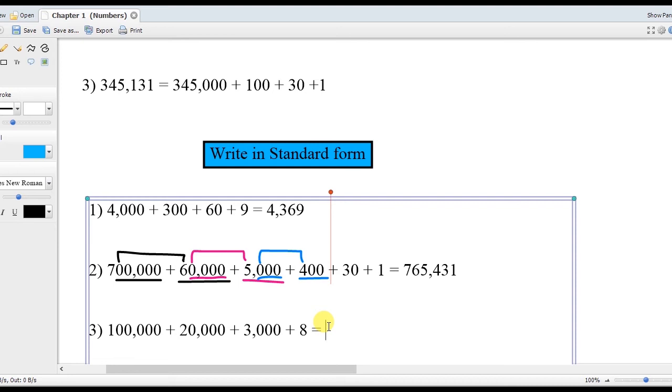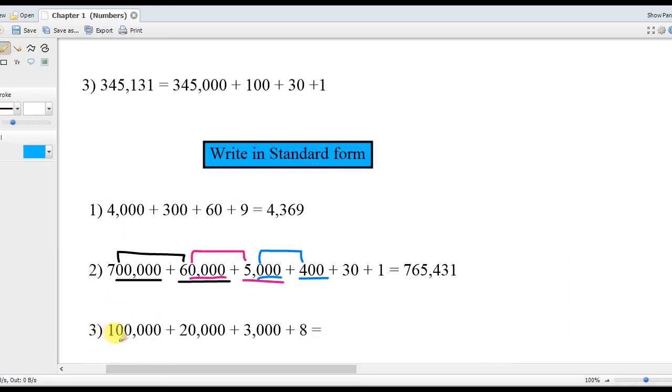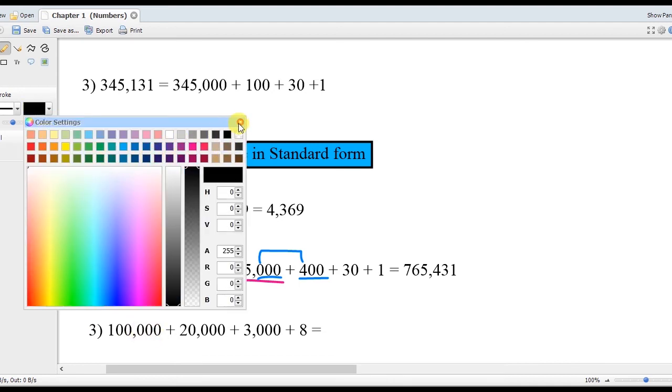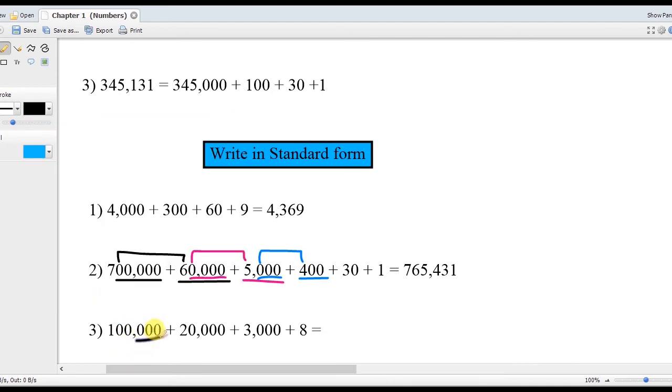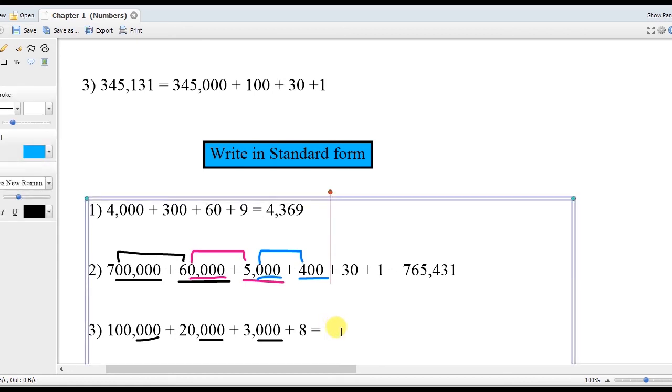So now it's 100,000 plus 20,000 plus 3,000. So see, all of these numbers are in thousands, so we can write them collectively, right? There are three zeros, there are three zeros, there are three zeros. So we can write them collectively, which is 123,000.